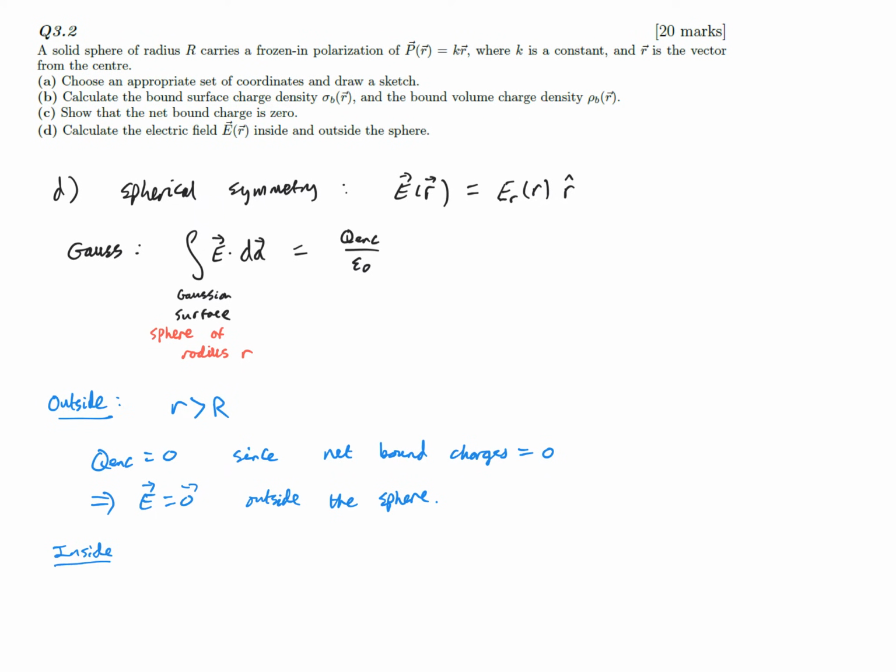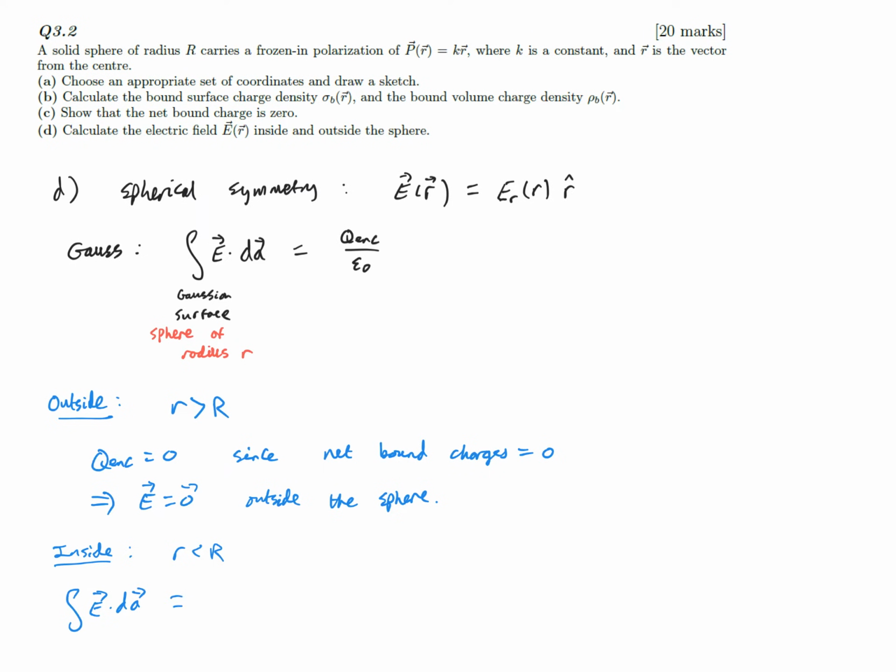What about inside the sphere? So this is where our little r is less than big R, and in particular, because we're looking inside the sphere, we don't count the bound surface charges, and therefore there will be a net charge when we're inside the material because the bound surface charges are not present in the calculation. So we just do the calculation. What is E dot dA?